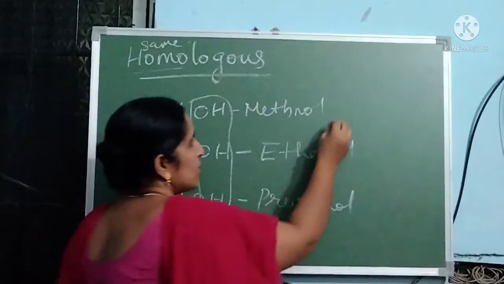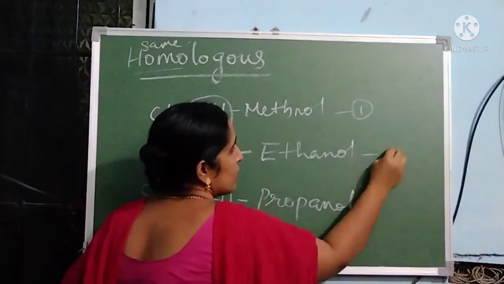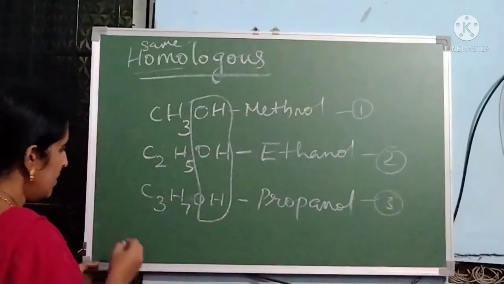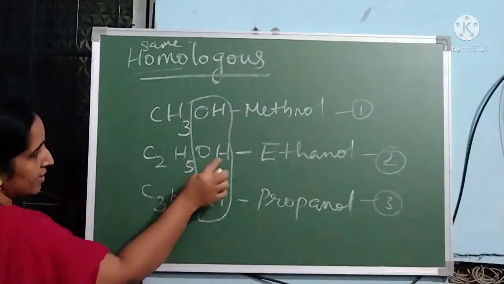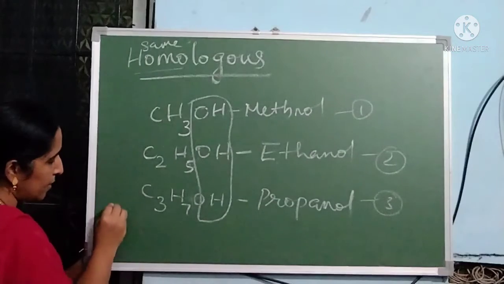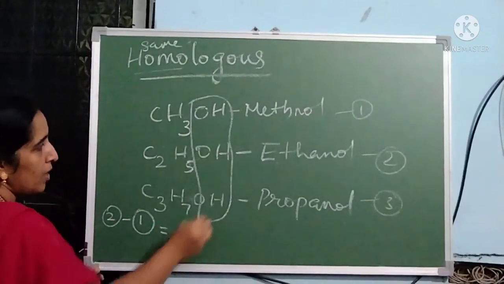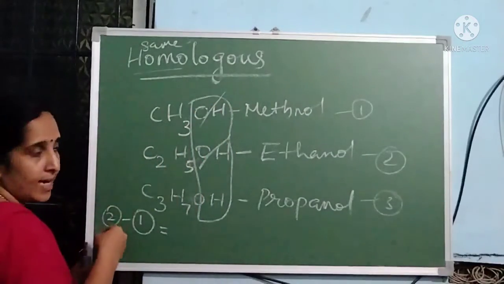Okay. Suppose this is equation number 1, this is equation number 2, and this is equation number 3. So we will take the difference between the two equations. Equation number 2 minus equation number 1. What will happen? The OH will be cancelled.